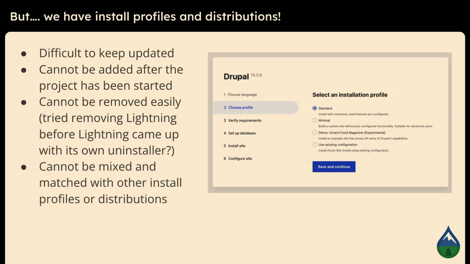Like we already said, it cannot be mixed and matched with other profiles. And also, install profiles, I think Drupal very recently made them uninstallable, but they are not that easy to remove either. If anyone tried removing Lightning back in the day before Lightning came up with its own uninstaller, you would know.